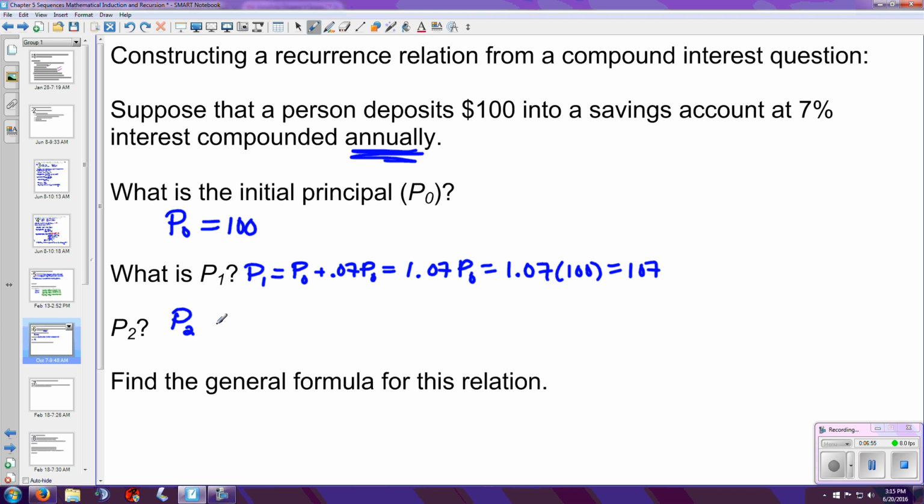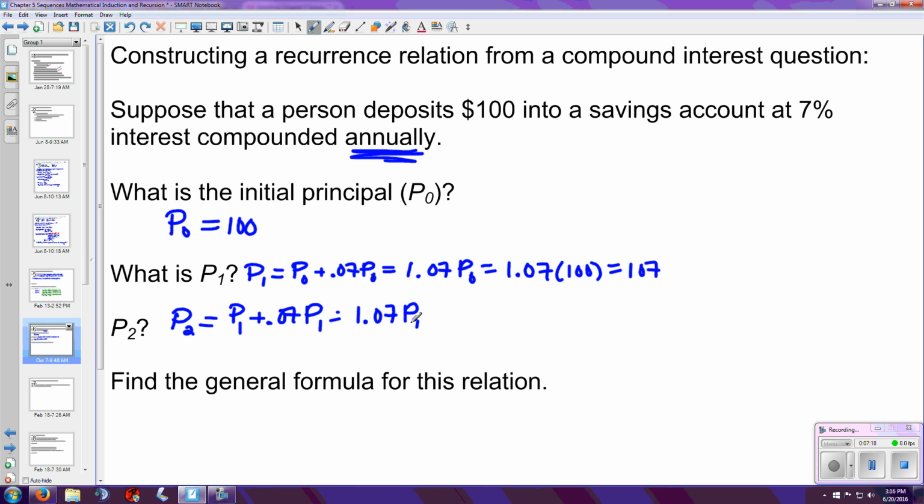So why is it compounding? It's compounding because we gain that money and then we can earn interest on the new amount. So it's going to be the year before it, which is P1, plus 7% of interest on top of that. Oh, hey, look, that's again 1.07 P1.